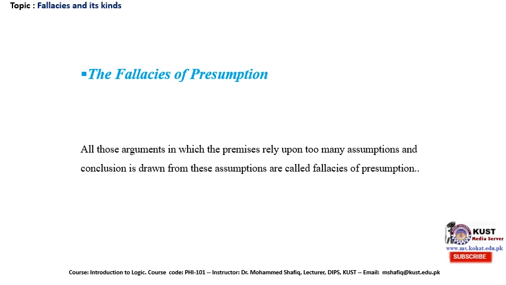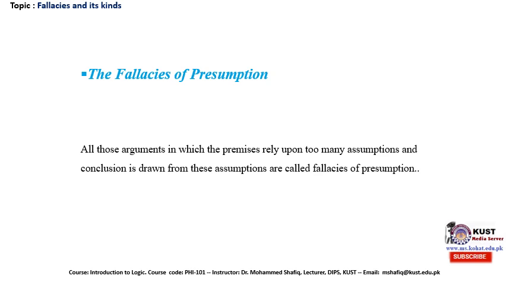The inference to the conclusion depends mistakenly on these unwarranted assumptions. And these fallacies are also distinguished, and they are three in number. Number one is called the accident fallacy of assumption. The second one is called the complex question, and the third one is called begging the question.